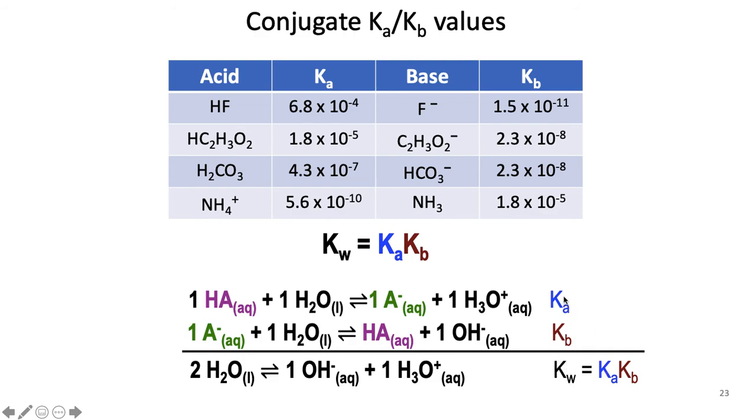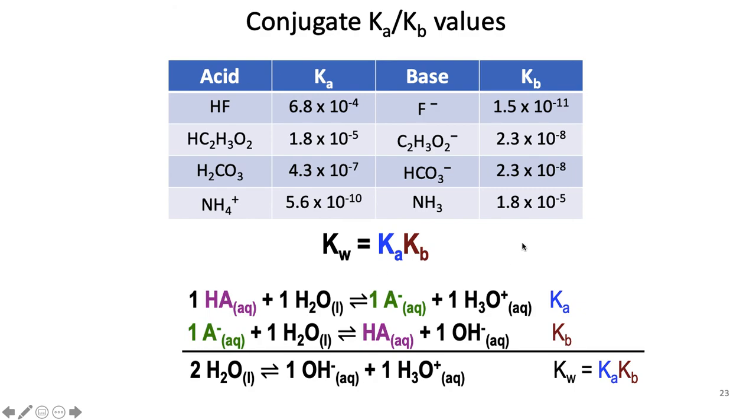So Kw is equal to Ka times Kb, and that is why we get this relationship between an acid and its conjugate base. If I have an acid and a conjugate base, the value of Ka for the acid multiplied by the value of Kb for the conjugate base gives me the water autoionization constant, which is 1 times 10 to the minus 14.